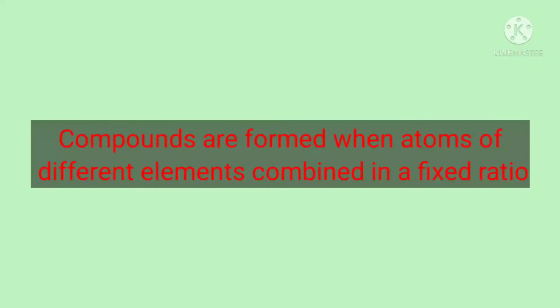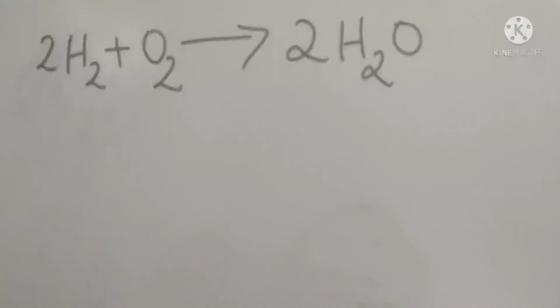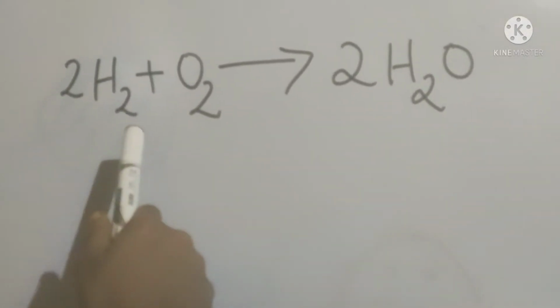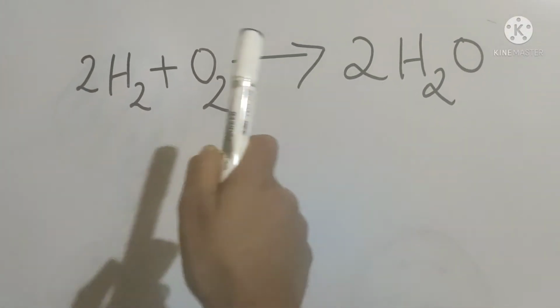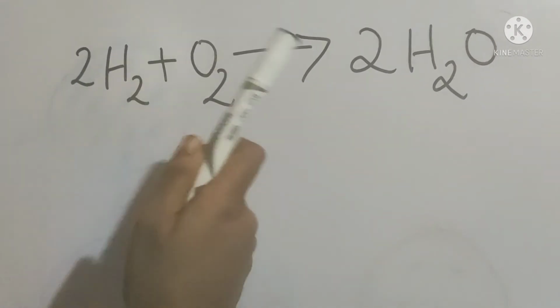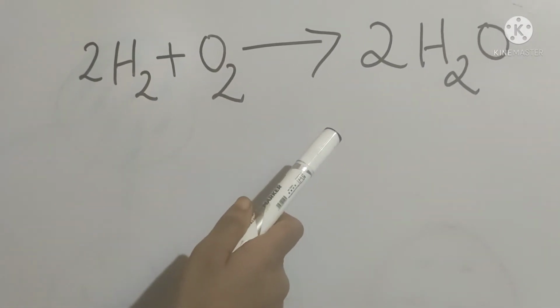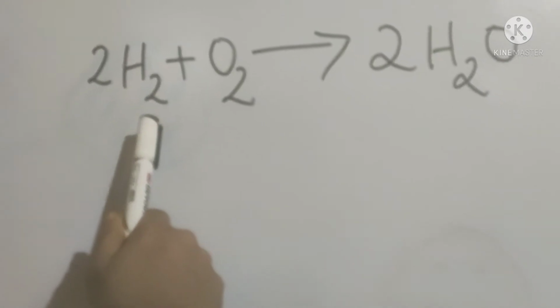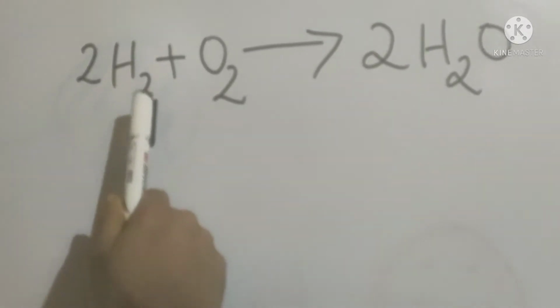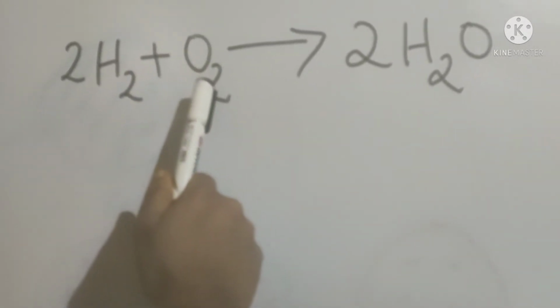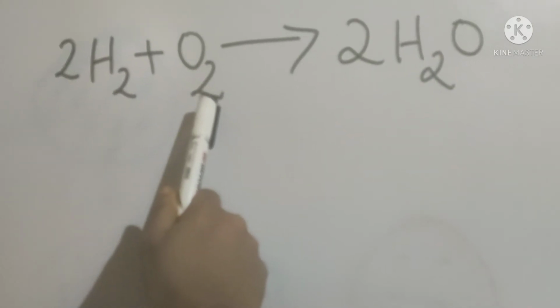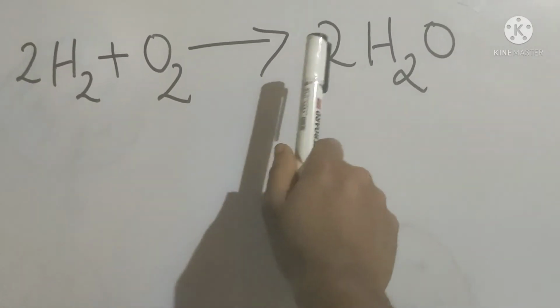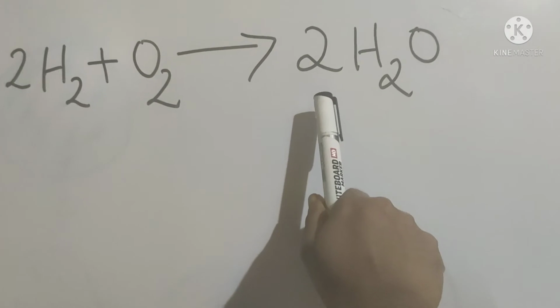The next postulate is that compounds are formed when atoms of different elements combine in a fixed ratio. For example, the formation of a water molecule, which we already studied in the previous section. Two molecules of diatomic hydrogen combine with one molecule of diatomic oxygen to give two molecules of water.